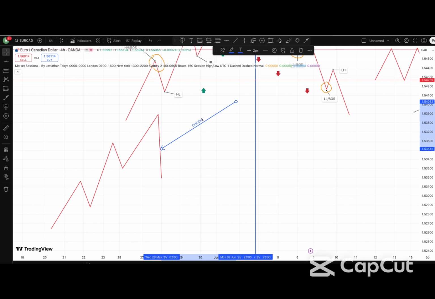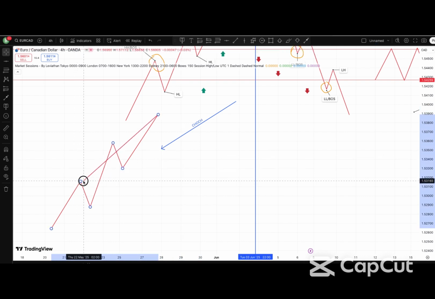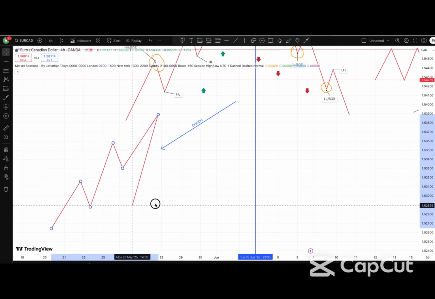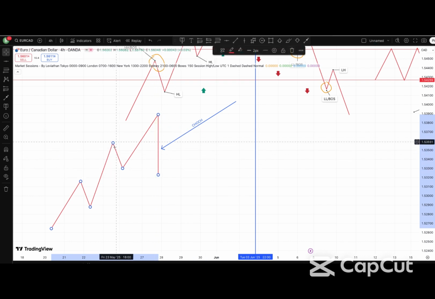It's telling you to be careful that the trend is possibly coming to the downside, maybe to take out the second higher high or the second higher low before reversing to the top.